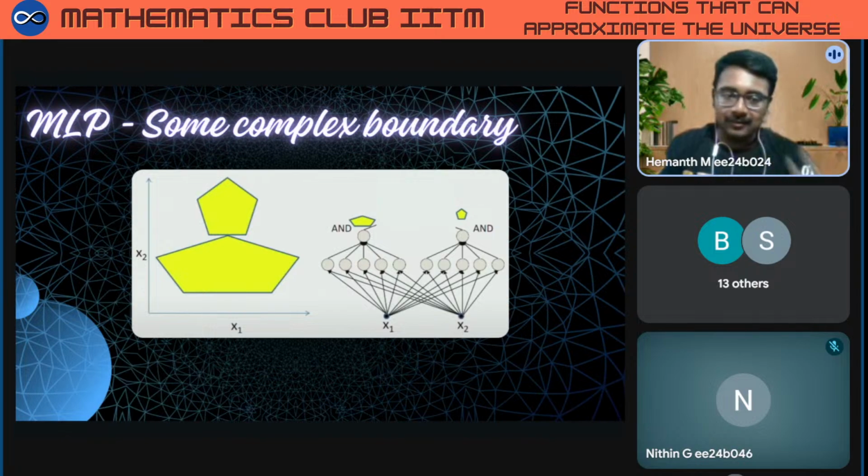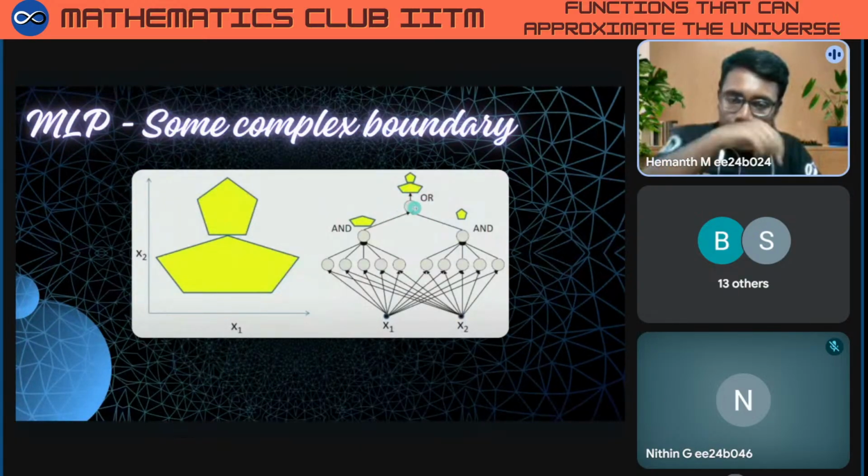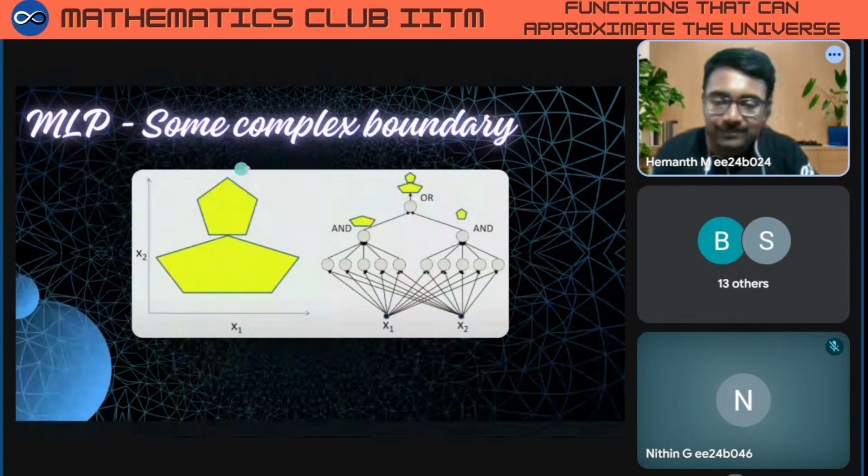Now our goal is to output 1 when I'm in either this or this. So this is what an OR gate is meant for. And as we saw earlier, we can model OR gates, AND gates, all using just such perceptrons. So we just add another perceptron in the next layer to take the OR of both of these, and this will learn this particular decision boundary.